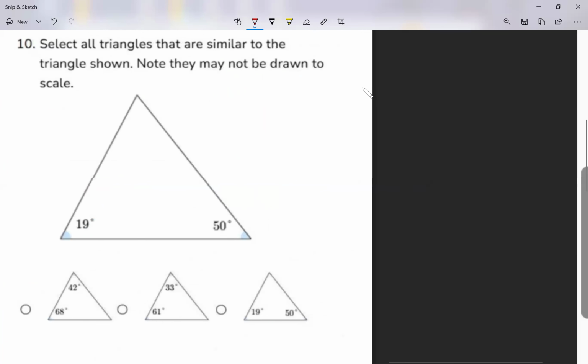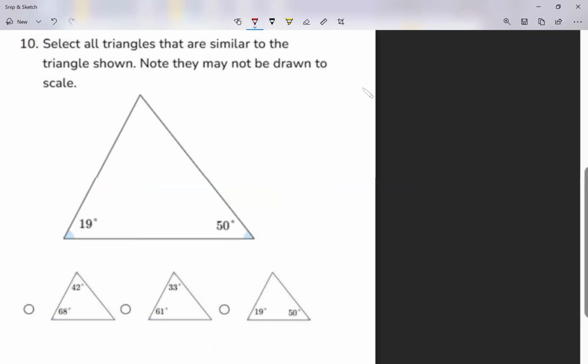Okay, let's take a look at question number 10. Remember, I'm working up until number 12. I have my 2 angles there: 19 plus 50, that's 69. I subtract that from 180, so 180 minus 69 is 111. So this third angle is 111.